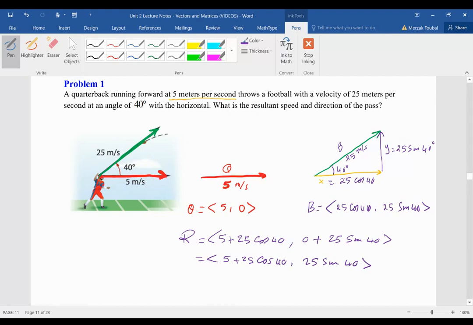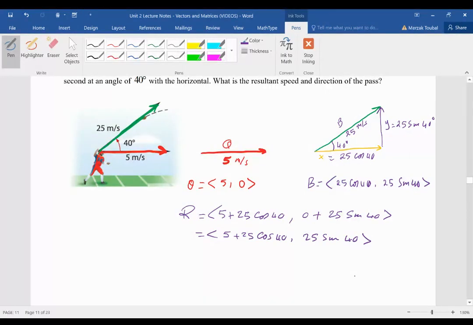The question says, what is the resultant speed and direction of the path? So the speed would be the magnitude. Let's work on it over here. Speed is the magnitude of the resultant vector.